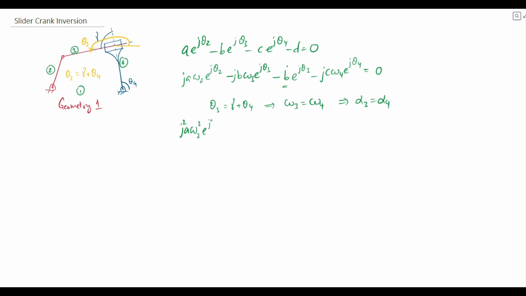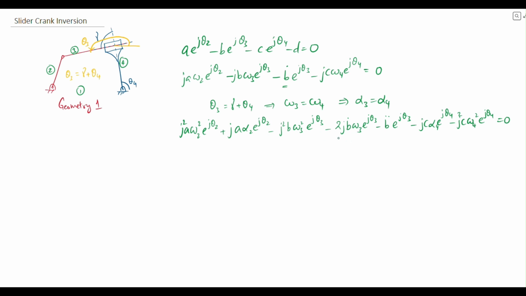This should be a j square theta 2 plus j a alpha 2 e j theta 2 minus j square b omega 3 square e j theta 3 minus 2 j b dot omega 3 e j theta 3 minus b double dot e j theta 3 minus j c alpha 4 e j theta 4 minus j c j square c omega 4 square e j theta 4 is 0.